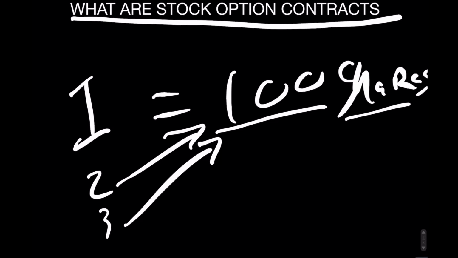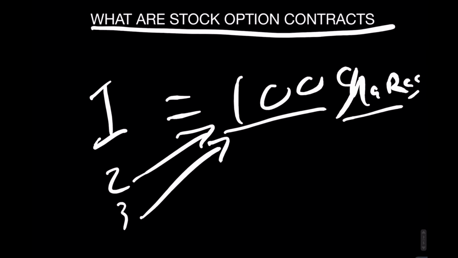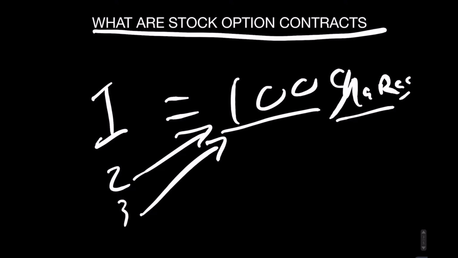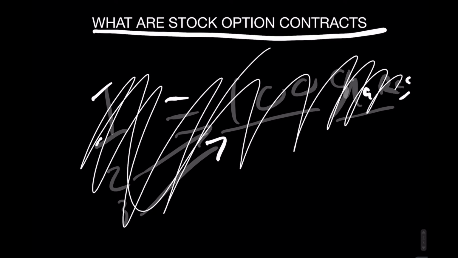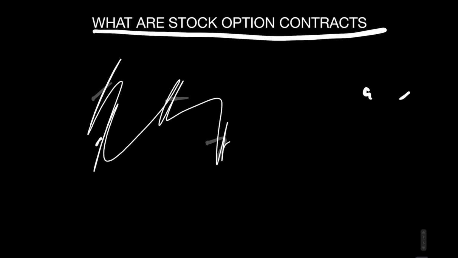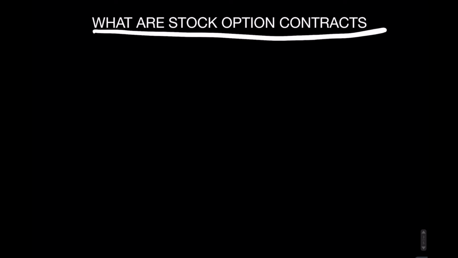So one contract is equal to 100 shares. Just understand that. We'll continue and cover more in-depth details on how options trades are executed, whether you're doing singles, spreads, or naked trades.